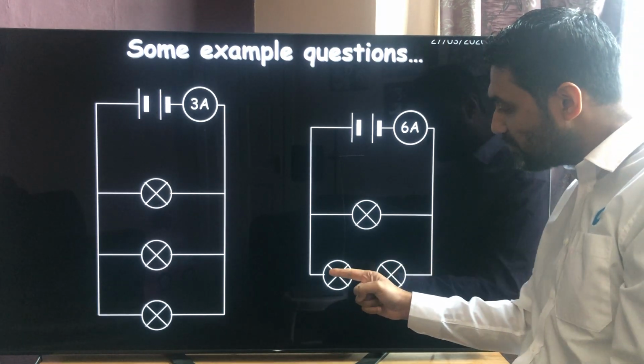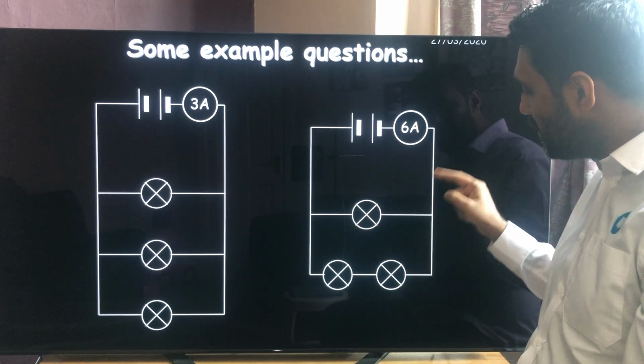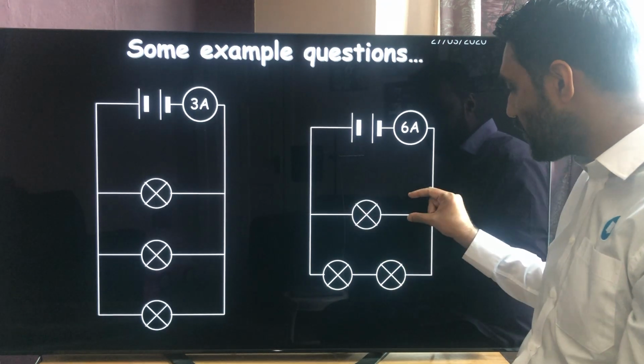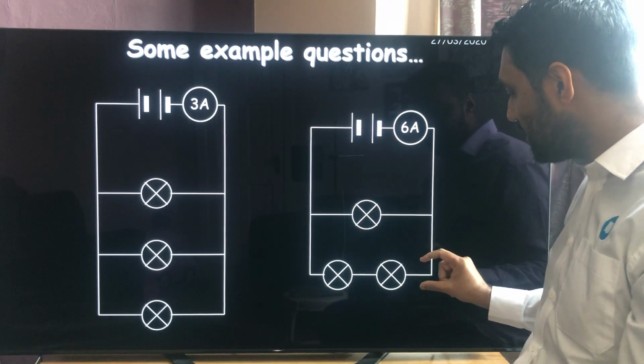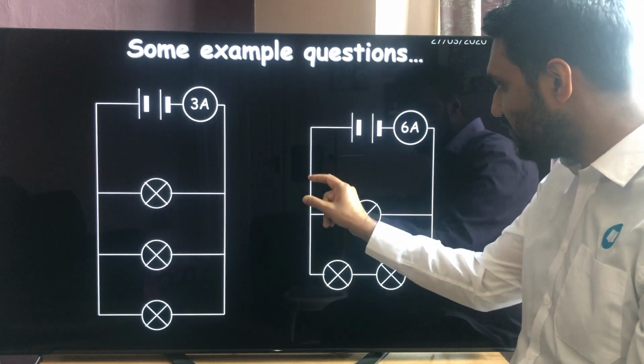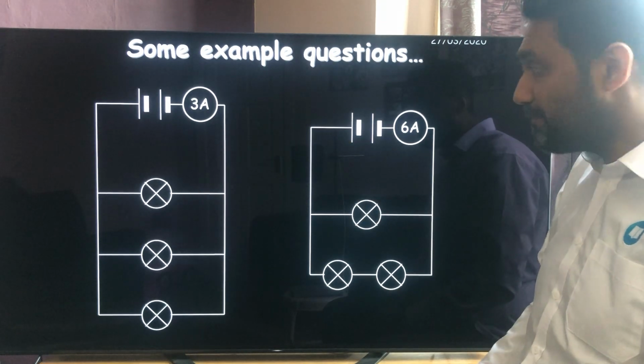So 2 amps will flow through there, and 4 amps will flow through there. So if I got my ammeter, put it there, it would read 4 amps there and 4 amps there, and here it would read 2 amps, 2 amps, 2 amps there, but then eventually they join back together again, and I'd get 6 amps there.